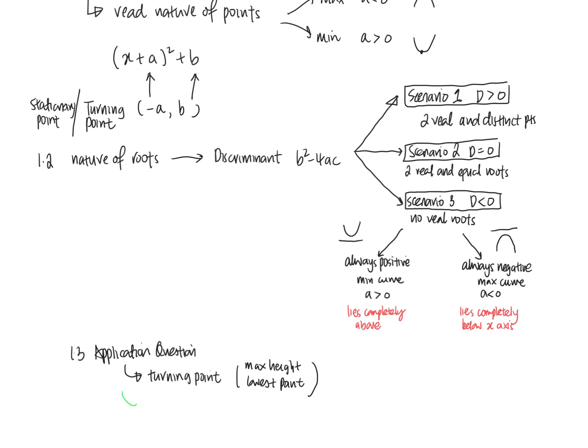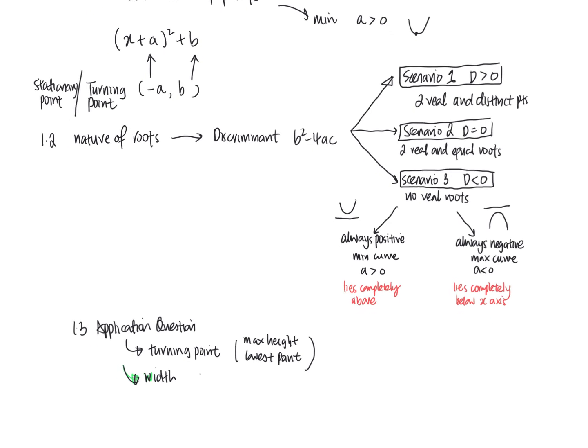Another thing they can ask you is the width. When they ask for width, basically they are asking you to find the difference of the two x-intercepts. It could be this or this, but they are asking you for x2 minus x1. So it's finding your x-intercepts, but finding the distance between the two of them.